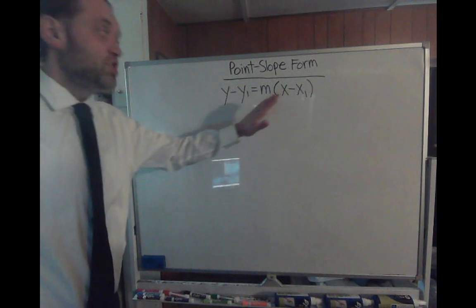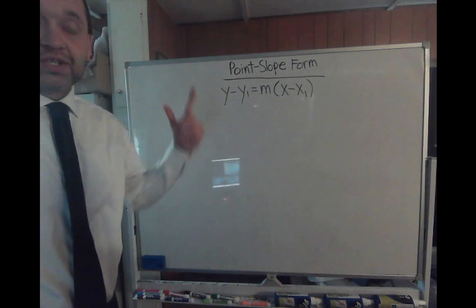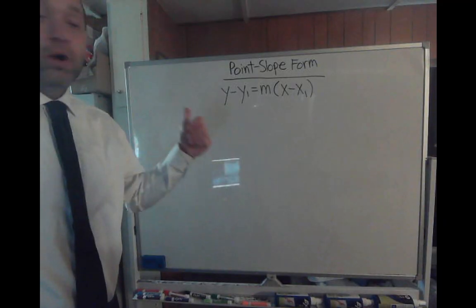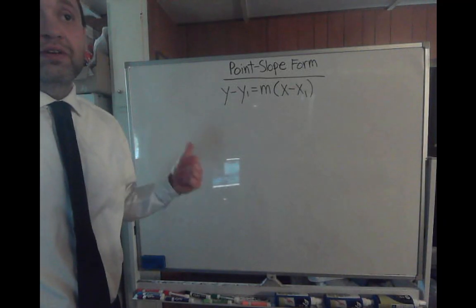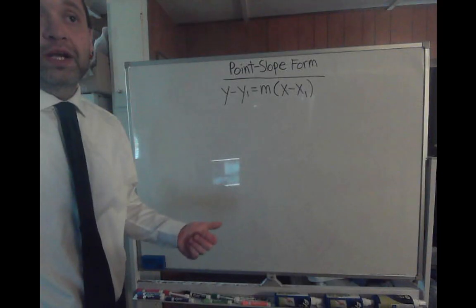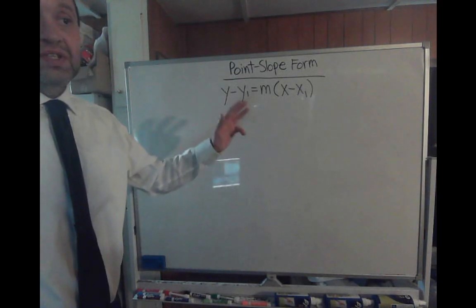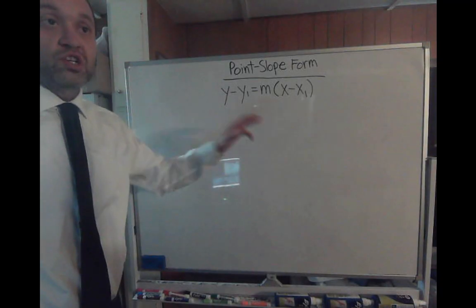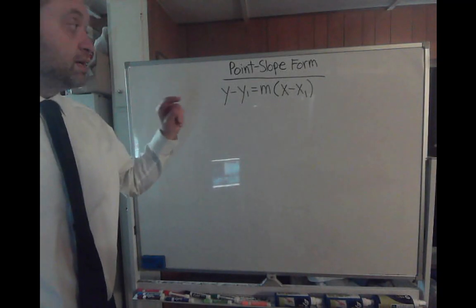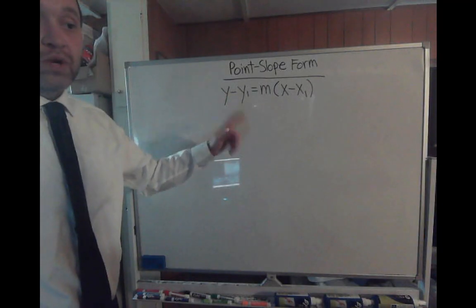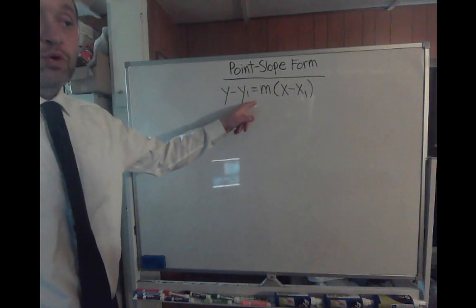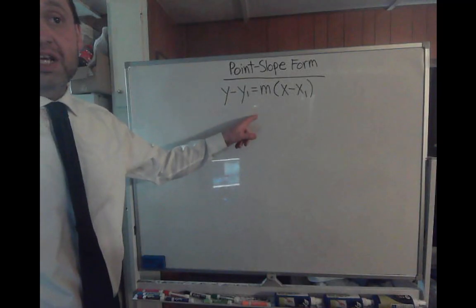This form is useful if you know the slope of a line and one point it goes through. If you know only one point it goes through, you can use that and the slope to find the equation of a line, which will end up converting from point slope form into slope-intercept form.